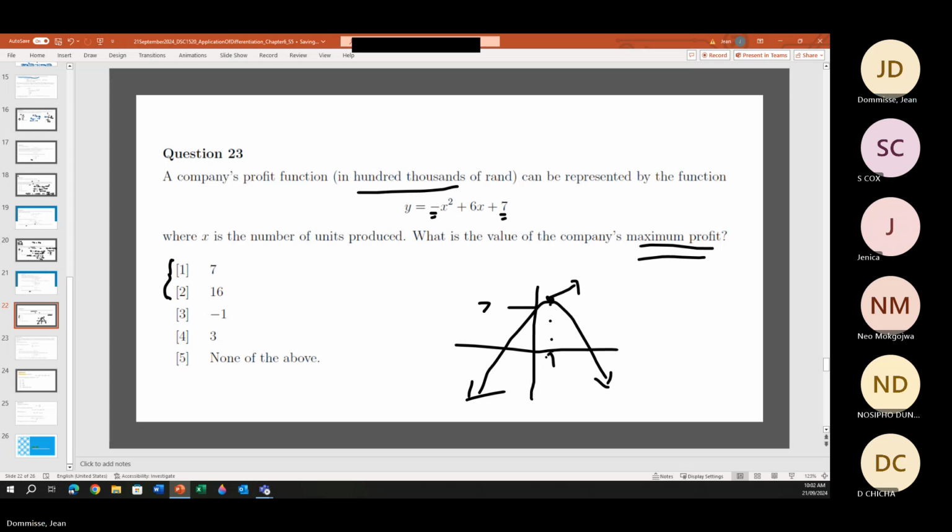So we can do two things. Last week or the week before, we looked at the x turning point, where I think the formula was minus b over 2a.